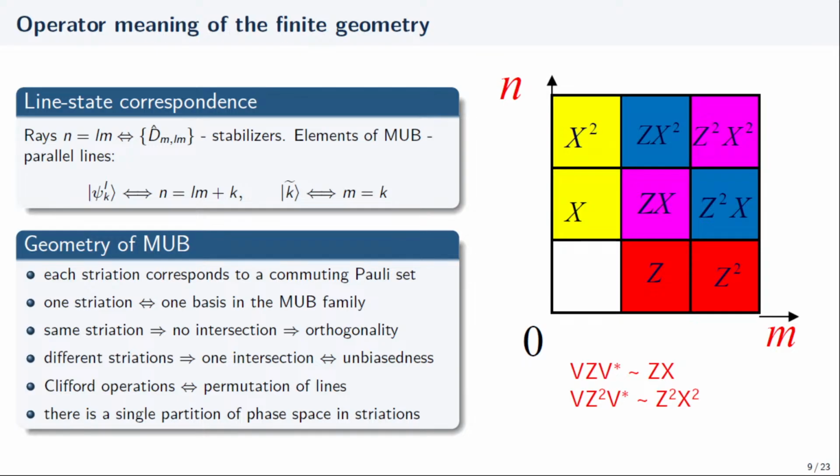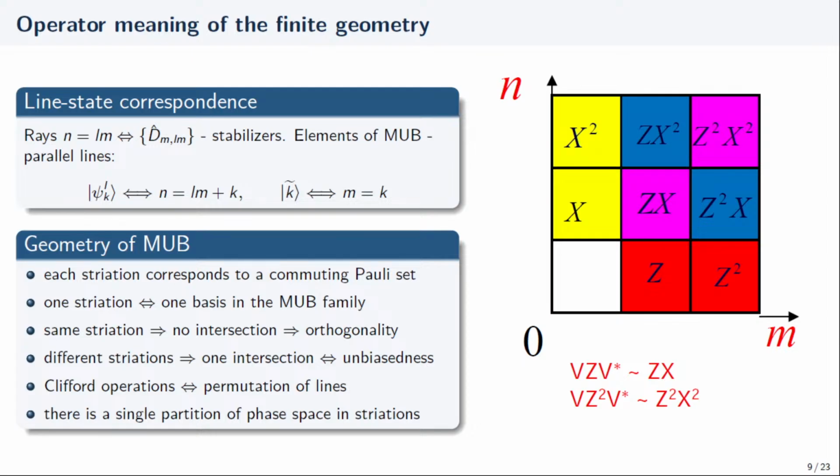Do all lines have the same number of points? Yes. All the lines, all the rays have the same number of points. And the number of rays is D plus 1. Each ray has D minus 1 parallel lines.